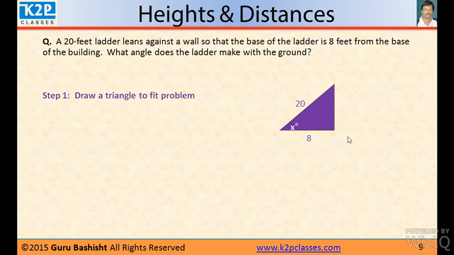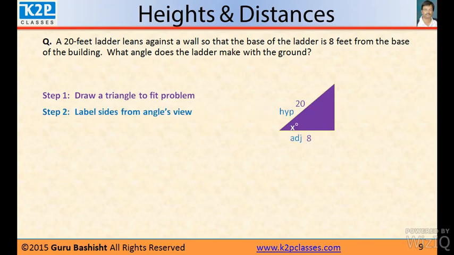So now just think which trigonometrical ratio includes base and hypotenuse. Give a little bit of work to your brain. Yes, correct. It is cos.